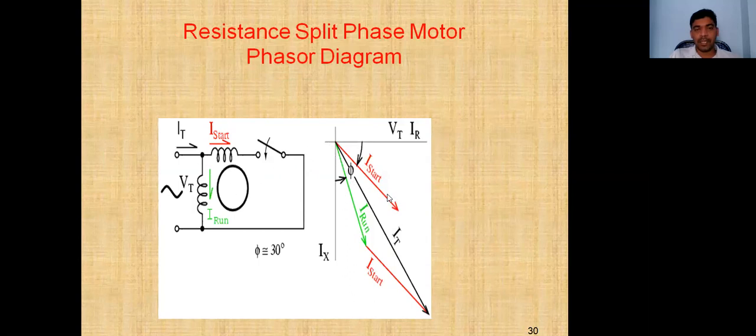This is the starting current, this is the running current and this is the total current. The power factor angle is around 30 degrees.